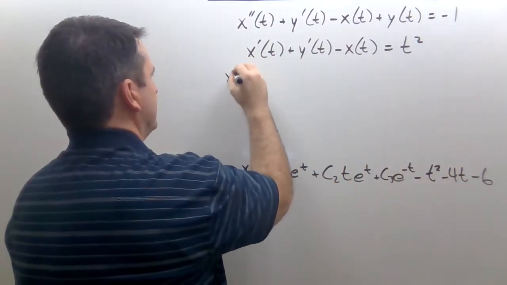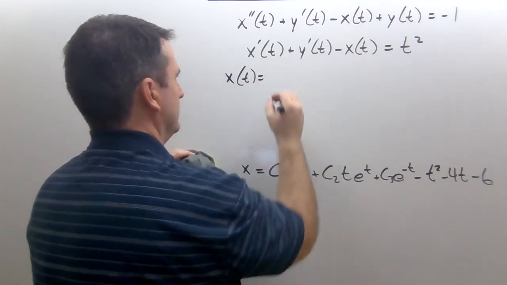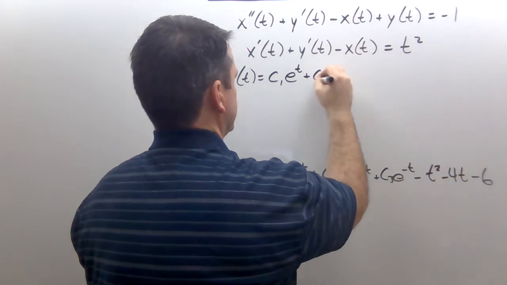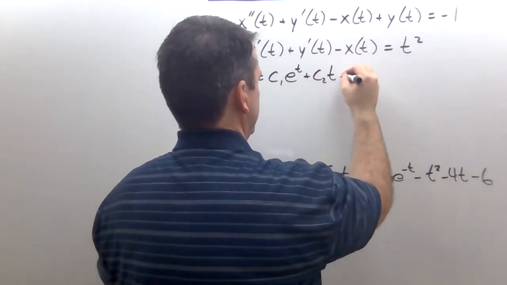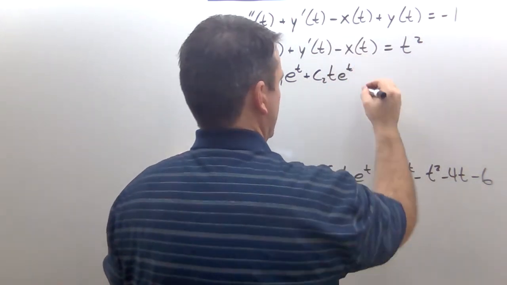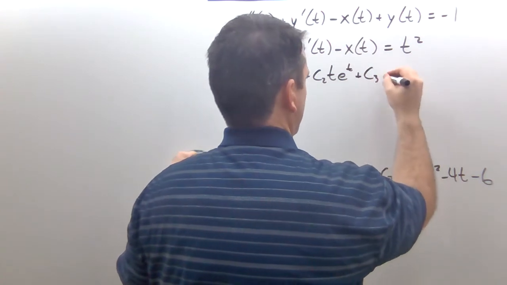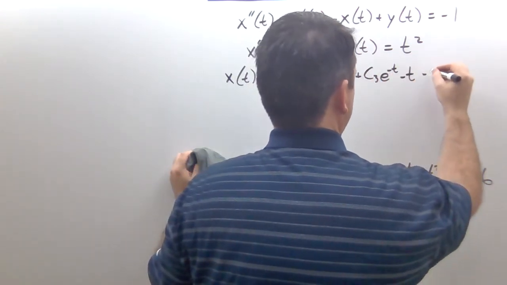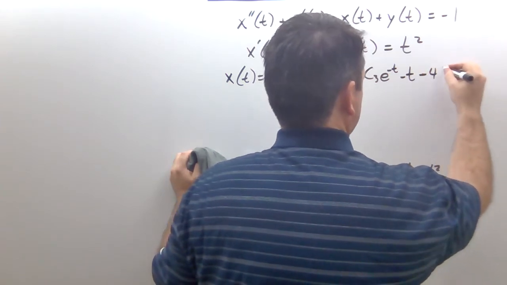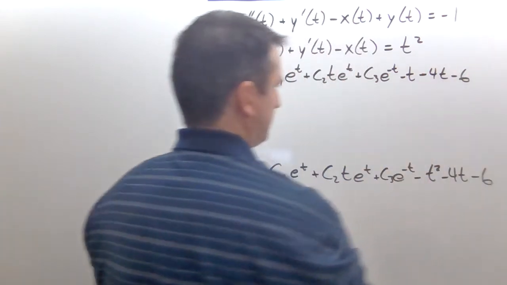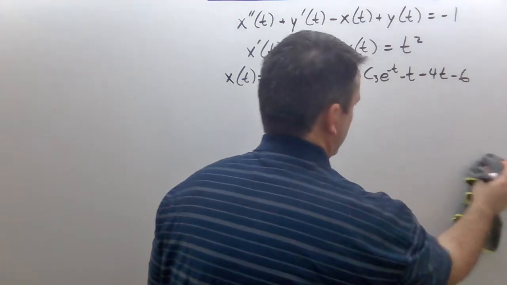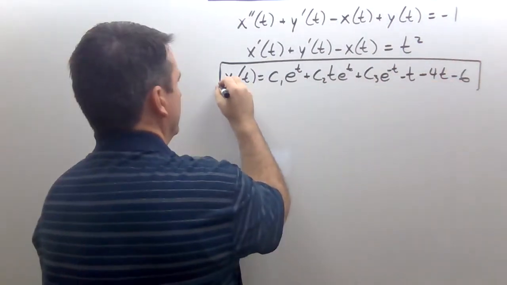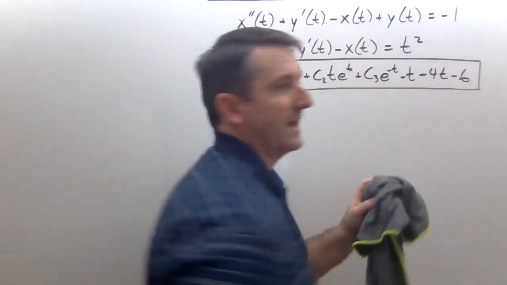So x of t is equal to c1 e to the t plus c2 t e to the t plus c3 e to the negative t minus t squared minus 4t minus 6. All right. And we can go ahead and box that in. That's one of our answers. That's the solution for x.